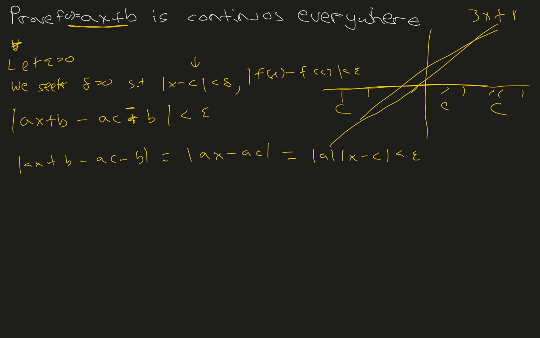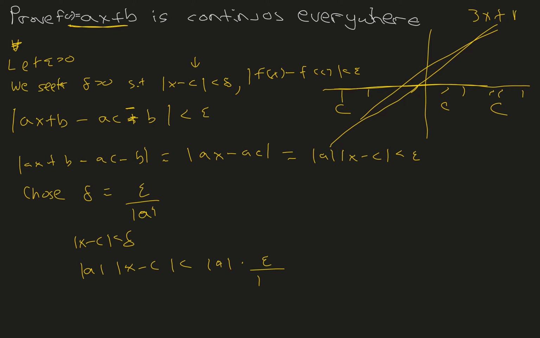So now let's choose delta equals epsilon over modulus a, and we'll be done with the proof. We know that |x minus c| is less than delta, so |a||x minus c| will be less than |a| times delta, and delta is epsilon over |a|, because that's what we chose it to be.